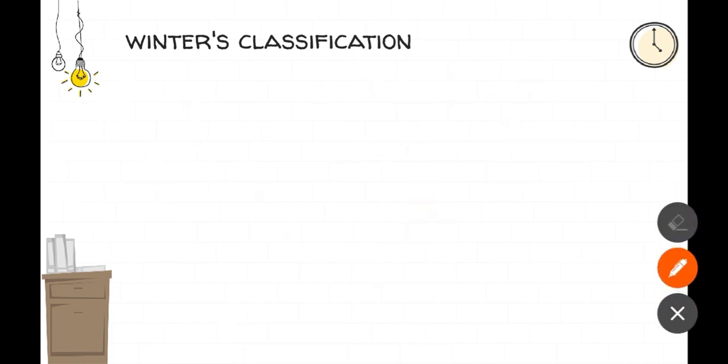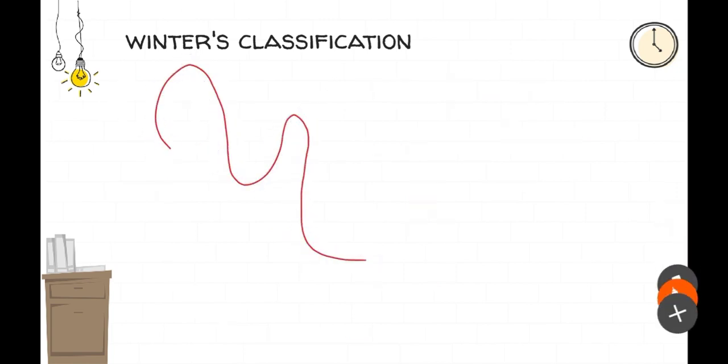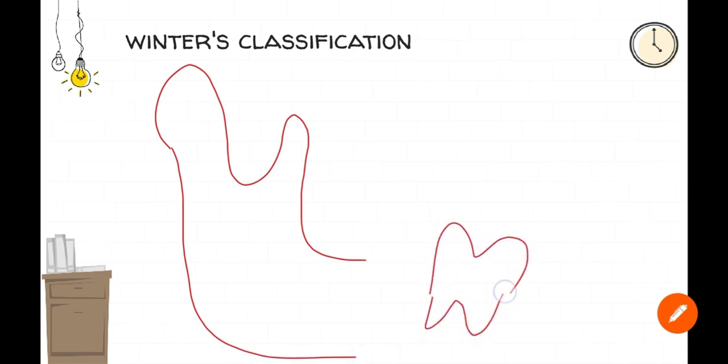Just like that, this is the second molar. If the third molar is located horizontal to it, then it is horizontal impaction.